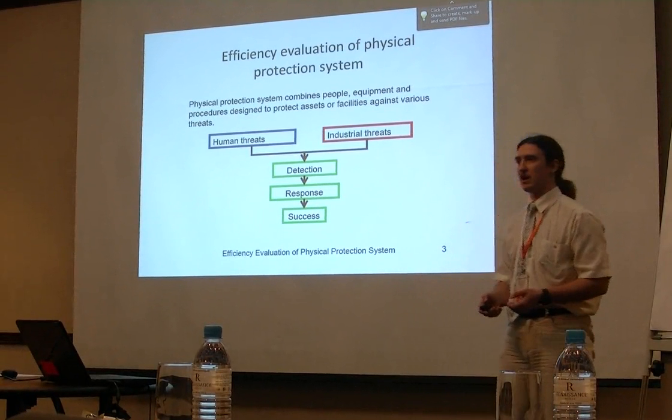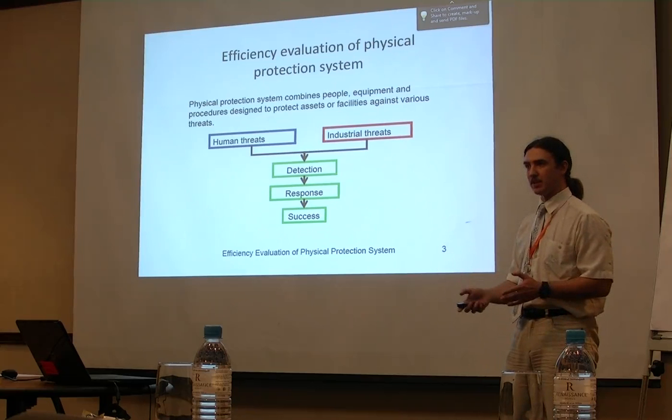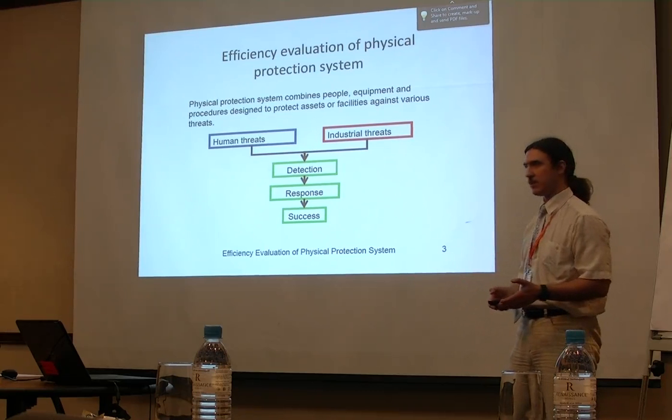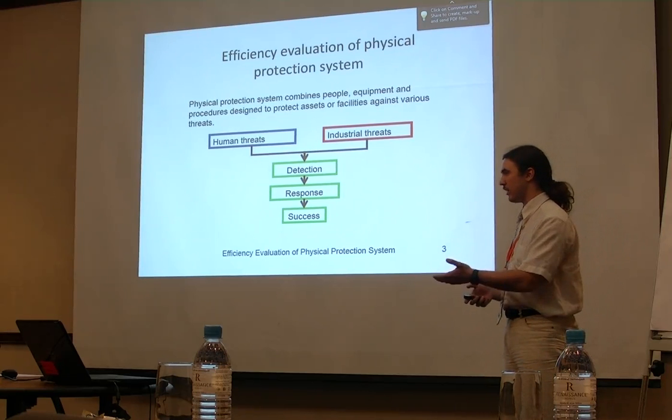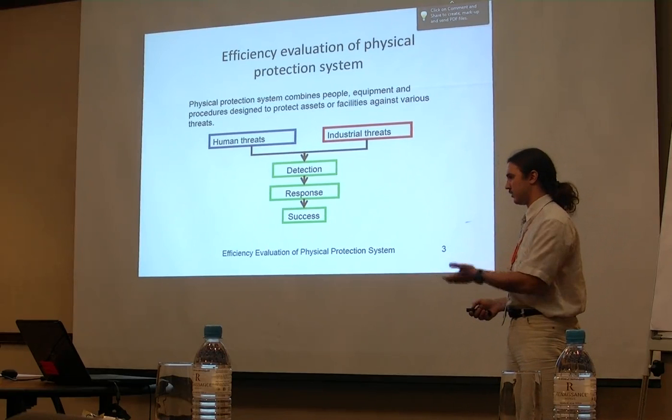So if an intruder coming from any direction can be intercepted by security forces, then the security system is efficient. But if there exists some kind of attack route where security forces don't have enough time to intercept the intruder, then the system is inefficient and doesn't suffice for its purpose.